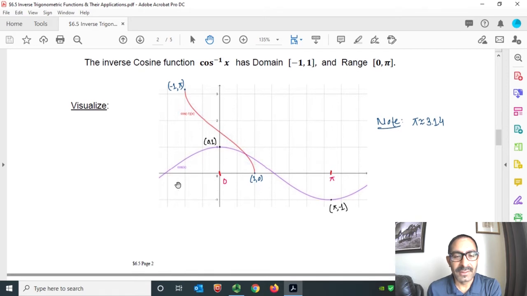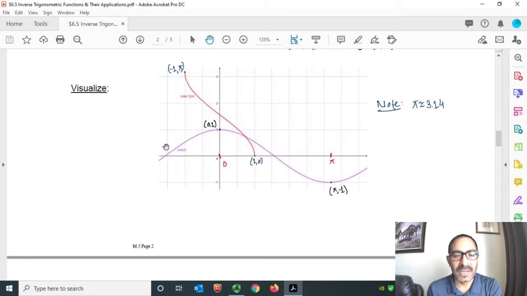So here we are familiar with the cosine function's graph. This is the cosine function's graph, and we are truncating the domain of the cosine function here from 0 to pi. So I'm only talking about this piece, the cosine function whose domain is 0 to pi and range is minus 1 to positive 1.